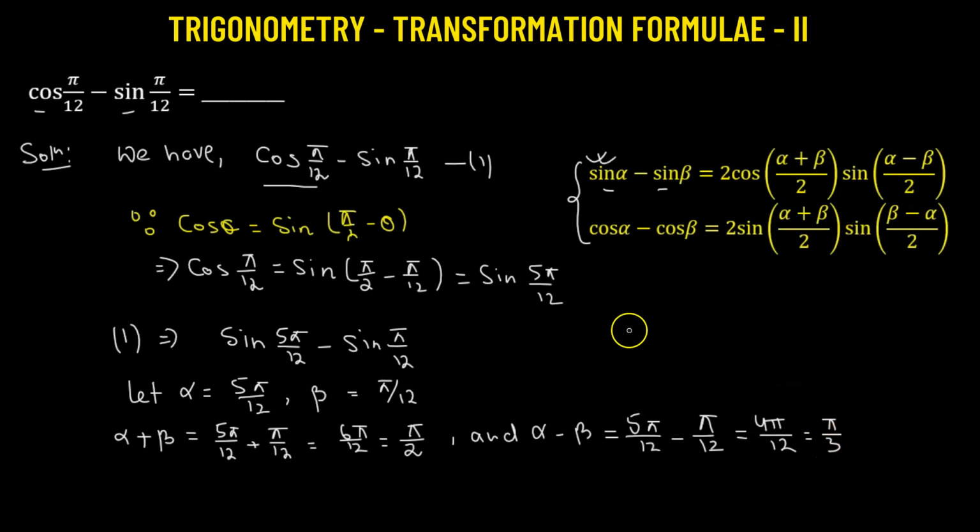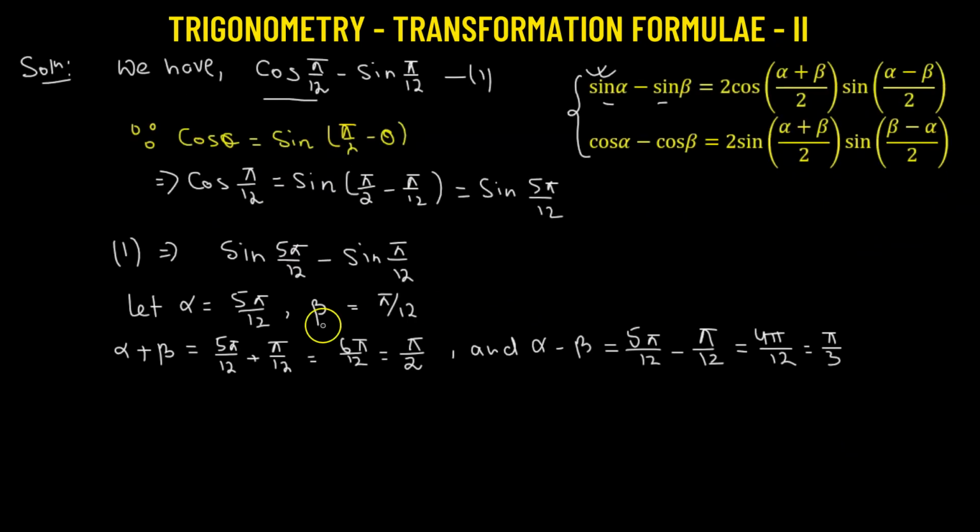Fine. Now let us use the transformation formula. So we get 2 times cosine of alpha plus beta over 2. Here alpha plus beta we obtained is pi over 2 radians, whole divided by 2, multiplied by sine of alpha minus beta over 2, so that's pi over 3 divided by 2.